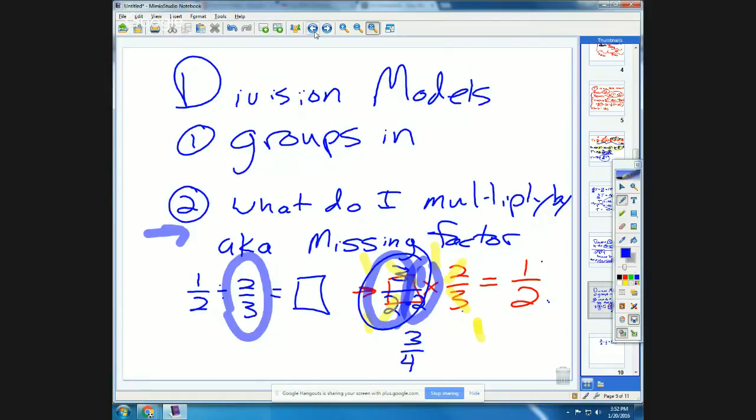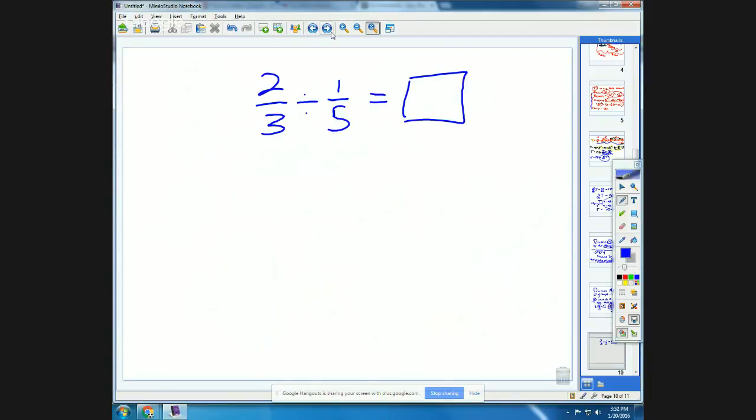Okay. So that's kind of messy. Okay, so see if you can piece that together. So write it down underneath. Read it backwards. Remember, what times 1/5 is equal to 2/3.